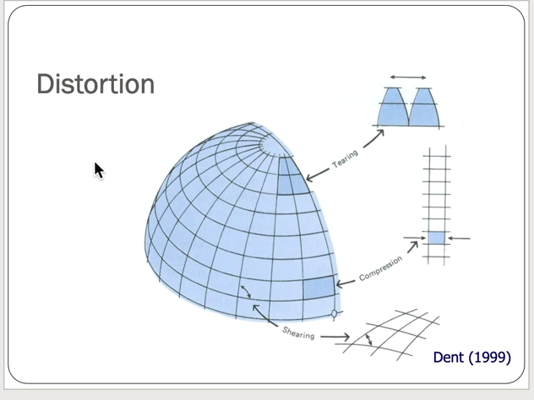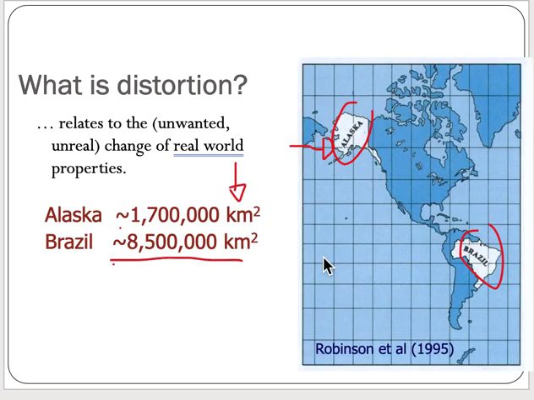Because we are trying to take a three-dimensional surface and open it up to make it a two-dimensional surface, we are going to see tearing in the high latitudes like we see here in this example, and we could see also compression close to the equator, and this will make the area of these certain continents appear smaller compared to the higher latitudes where it's making the area of continents larger, just like we see here in this example.